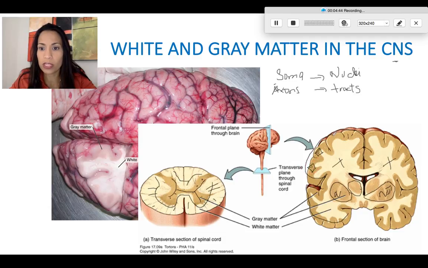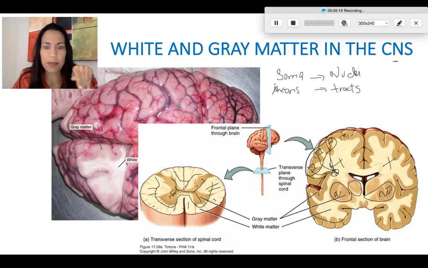Because they are the ones containing the Nissl bodies, which give the gray color to the gray matter. So in here we have cell bodies, dendrites, and unmyelinated axons. In the white matter, we are just going to find the myelinated axons of these neurons. So these neurons, if they have a common function, are going to group to form a nucleus, and these axons are also going to group to form a tract.